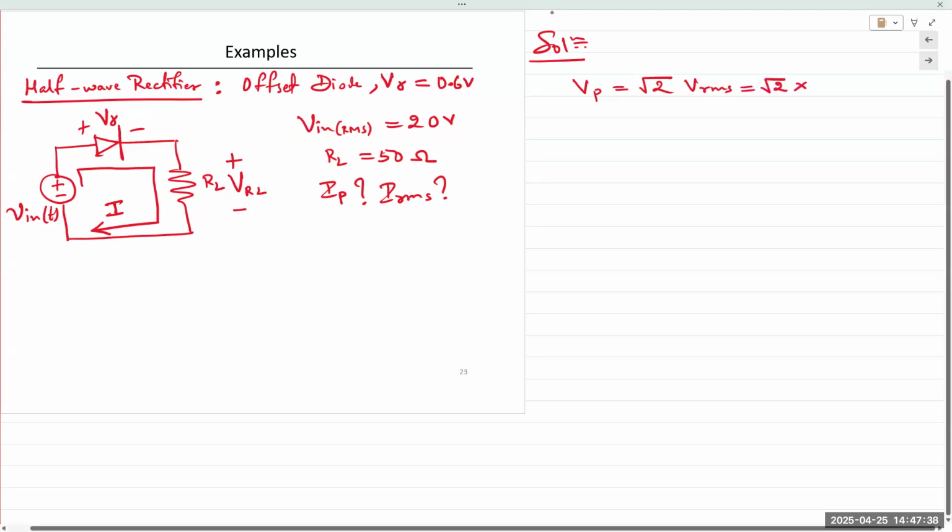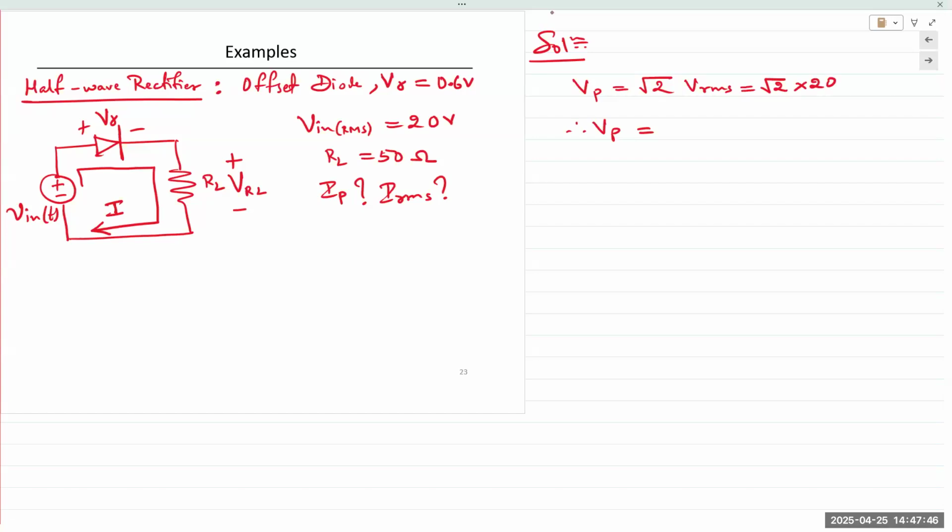All right, take out your calculators and tell me what the answer is. 28? You're an engineer. 28.2842 volts.